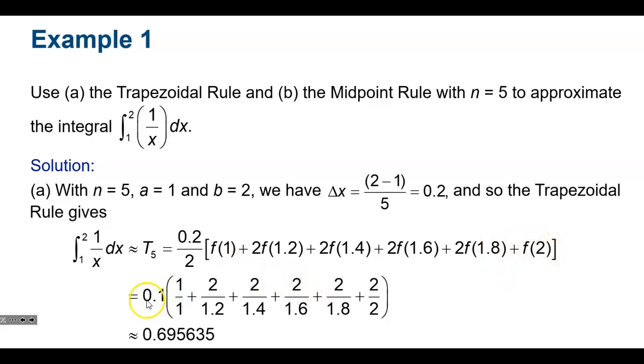And we get the result: 0.1 times 1 over 1 plus 2 over 1.2 plus 2 over 1.4 plus 2 over 1.6 plus 2 over 1.8 plus 2 over 2. We add those together and multiply it by 0.1. We get an approximate area of 0.695635, again using the trapezoidal rule.